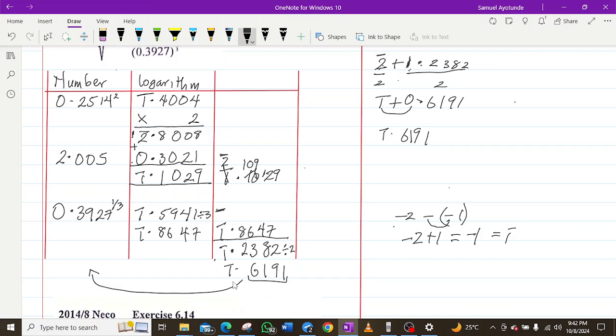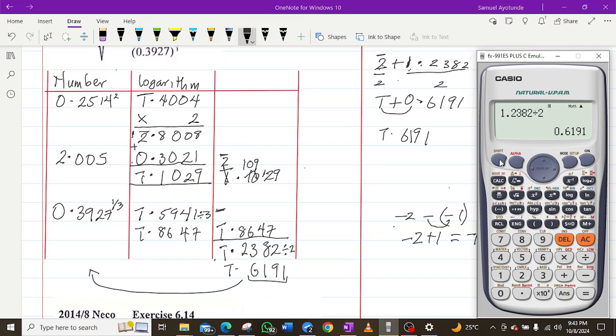You can do that at all times, anytime you have a number to find its anti-logarithm value. Just replace the whole number by 0. The whole number will still take its place later, but to get our anti-logarithm value from the calculator, we find the anti-logarithm value of 0.6191.